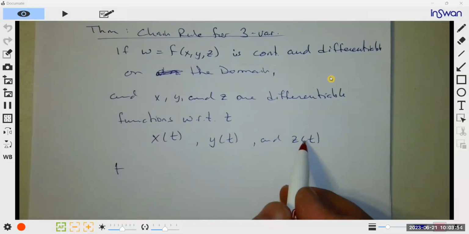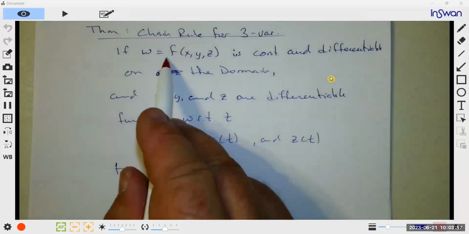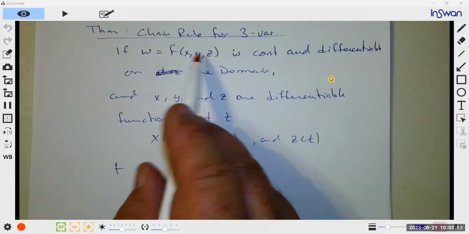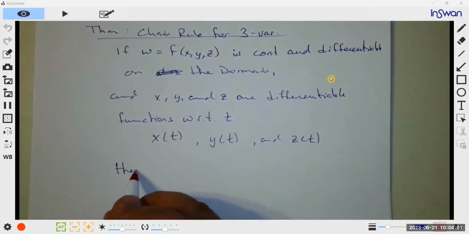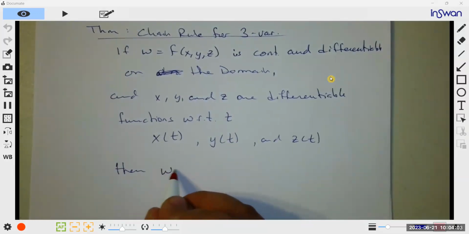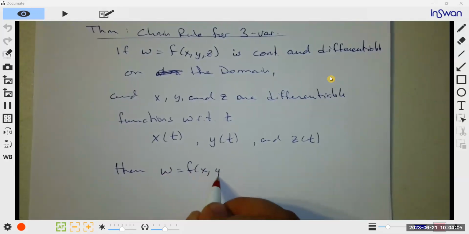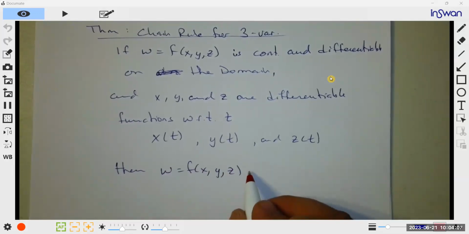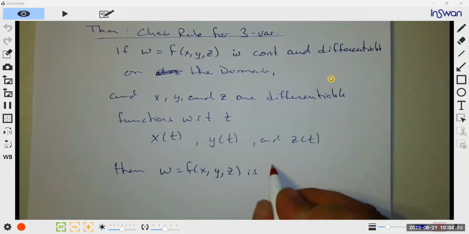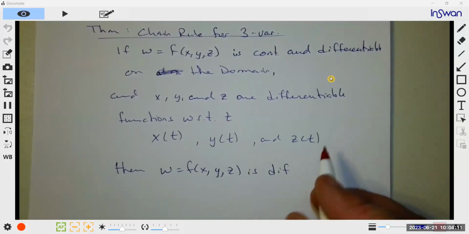Since those are continuous and differentiable, and they're parts of the function w, then w equals the function is continuous and differentiable.